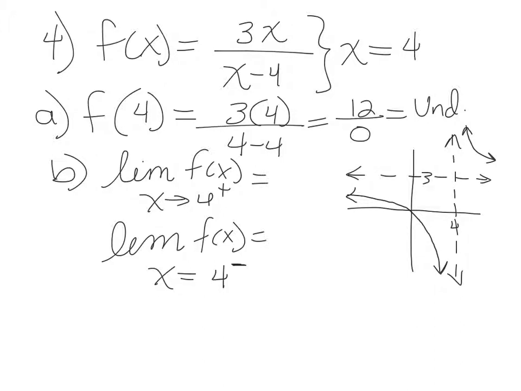Okay, so as I read the graph, and I read it from the right, because the first limit is when you read it from the right, I can see that as I approach the 4, the graph goes to positive infinity.